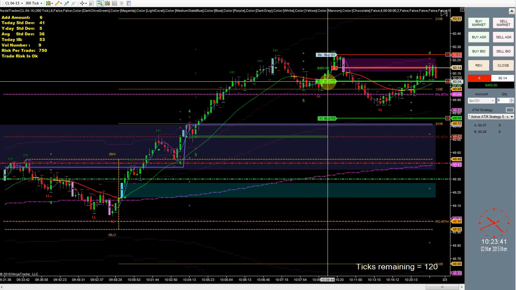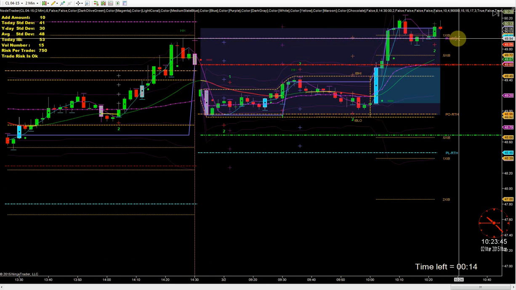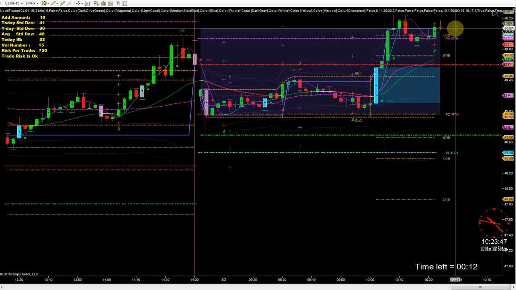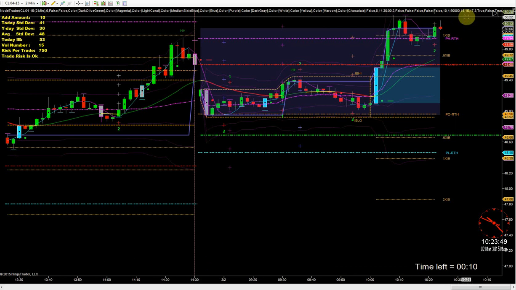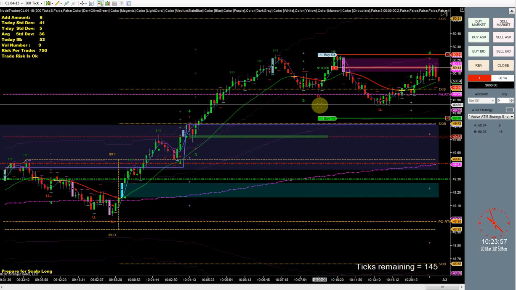Let me check the 2 minute. CL scalp trade approaching. So we do have the high volume node right here. So that might give us a little issue, but target filled, beautiful. First target hit.